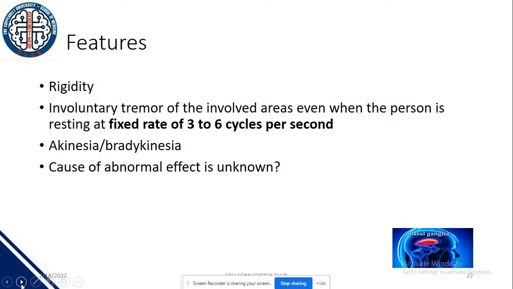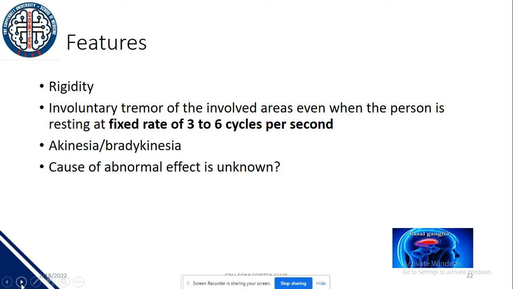So what are some of the features of Parkinson's disease? As we said earlier on, there were three major ones: rigidity, akinesia, as well as tremors. But normally we have what we call resting tremors.